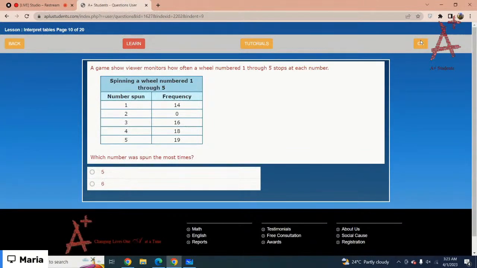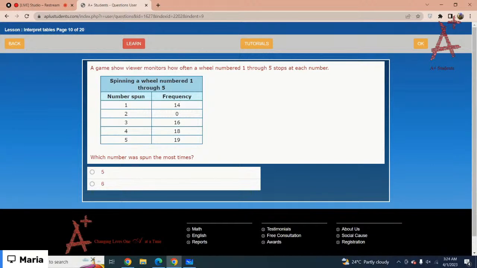A game show viewer monitors how often a wheel numbered 1 through 5 stops at each number. Number spun and frequency. Which number was spun the most times? So you have to look for the highest value in frequency. The highest value in frequency is 17. That means number 5 is spun the most times.